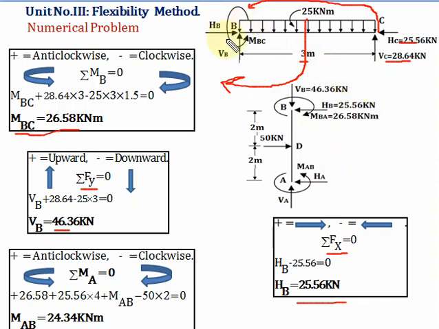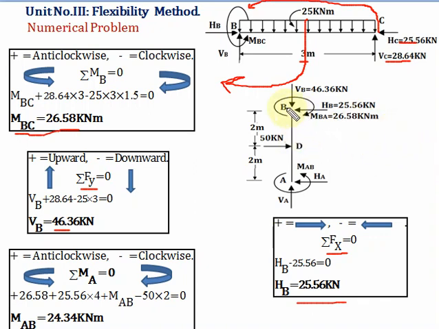MBC is acting in the anti-clockwise direction, so for member BA it will act in the clockwise direction. Whatever forces are there at joint B for member BC, the same forces will be there for member BA, but acting in the opposite direction.